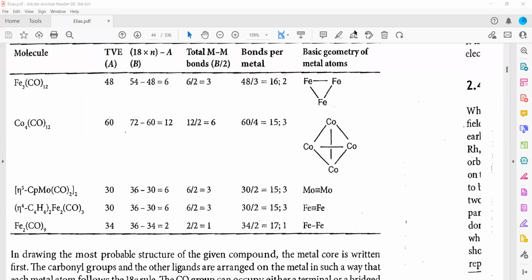And take difficult problems. Now this is a molybdenum complex, and this is a dimeric complex. So everything you will calculate, you will multiply by 2 because there are 2, right? In case of molybdenum, there are two molybdenums, so 18 into 2, that is 36.